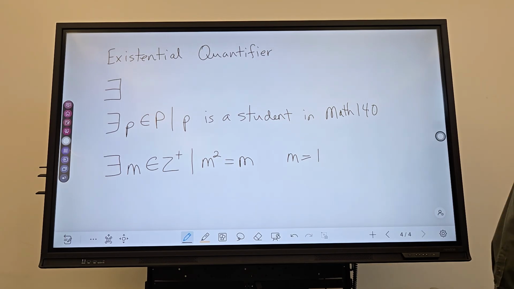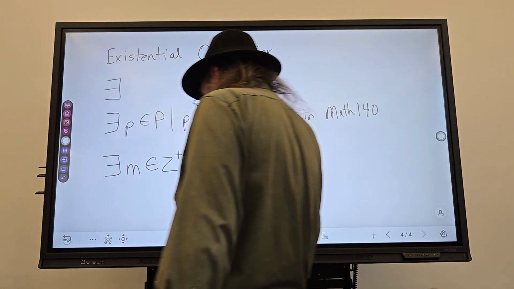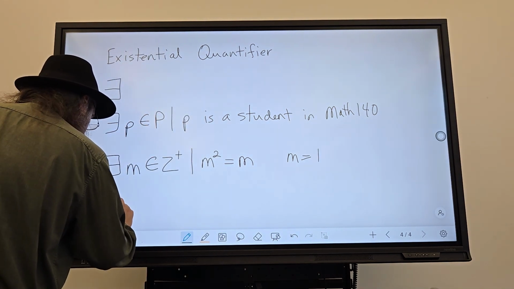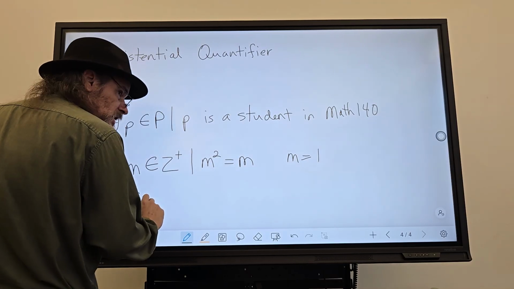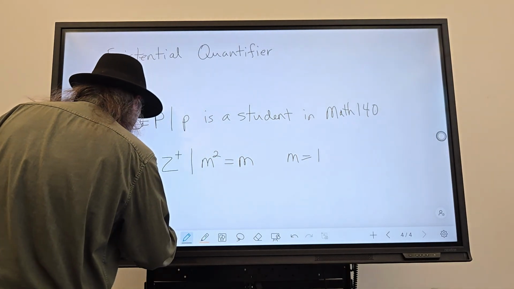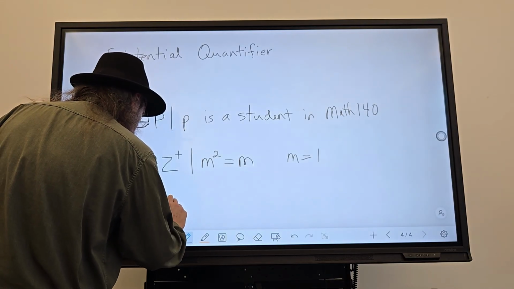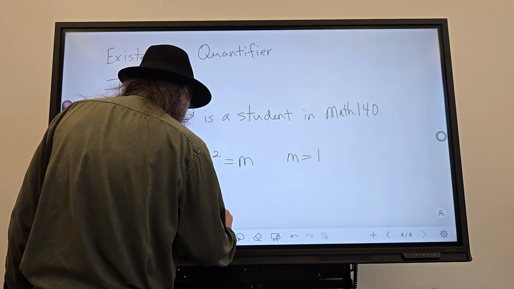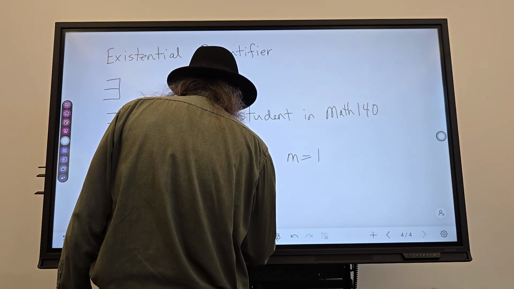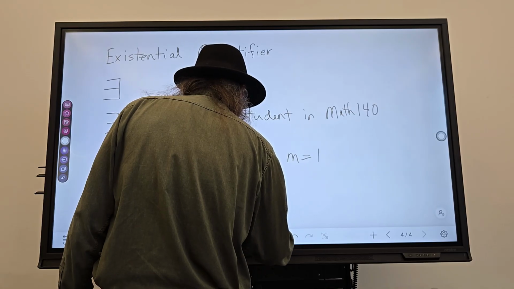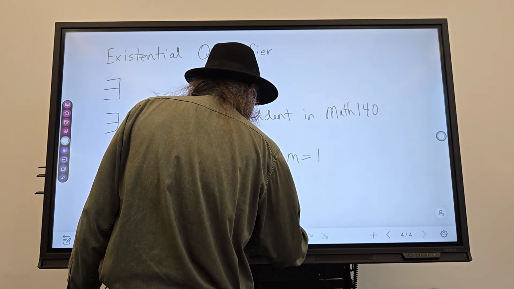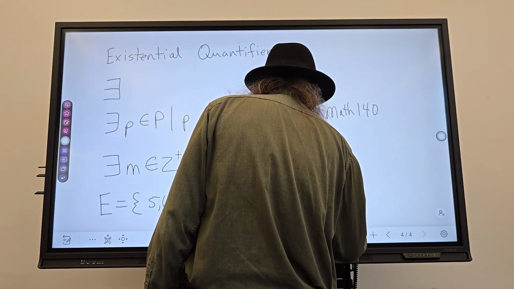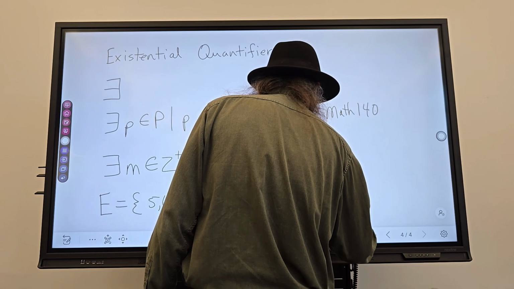Now let E equal 5, 6, 7, 8. How about there exists M, element of E, such that M squared equals M?